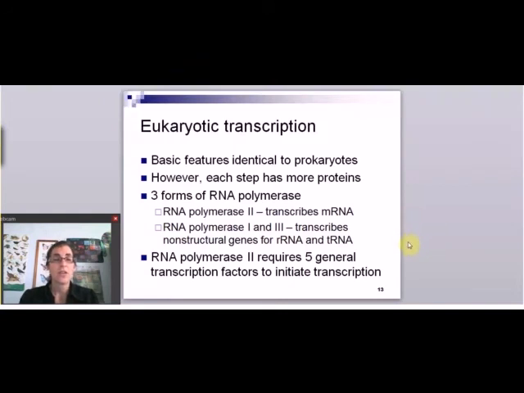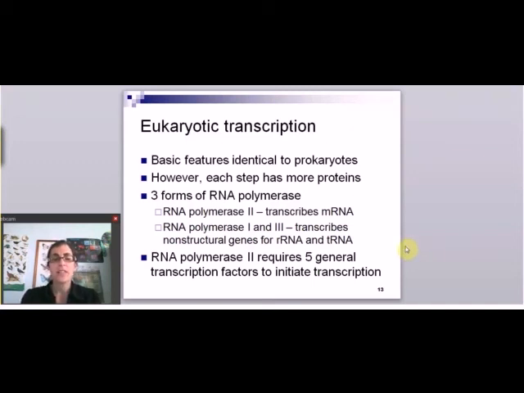Also, in the initiation step, in bacteria and other prokaryotes, we only have to use sigma factor. But in eukaryotes, it's going to require at least 5 different proteins getting onto the promoter in order to recruit RNA polymerase. Again, in bacteria, I just had to have sigma factor. In eukaryotes, I'll have to have at least 5 proteins all going on there at the same time.